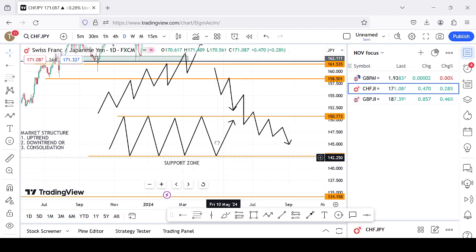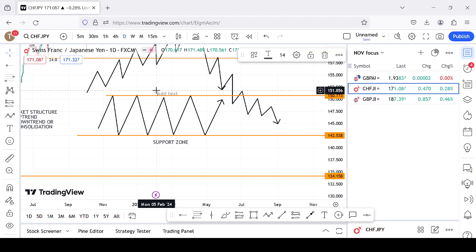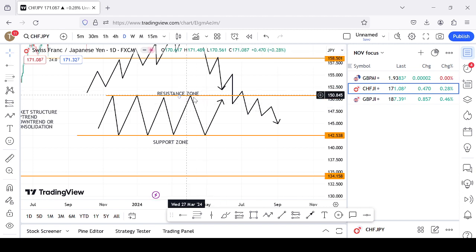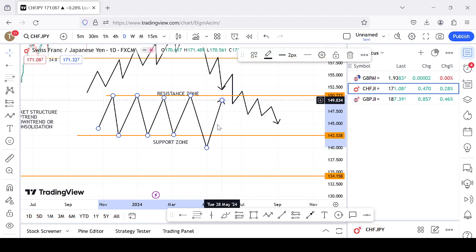We can trade within the zone, and also we can trade out of the zone. Now, if it breaks out, we wait for the retest around that zone. If it breaks out like this, I need to wait for a retest to this area.